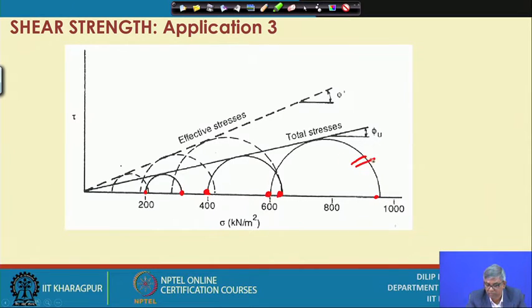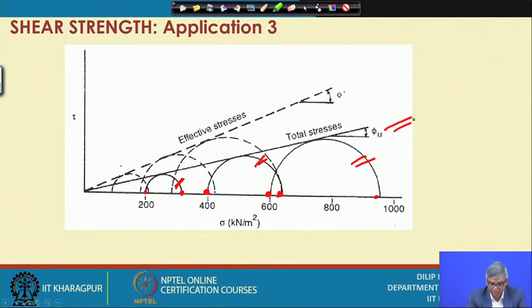So, I have got circle 1, circle 2 and circle 3. You can see these 3 circles, and I have drawn a tangent, and whatever parameter I am getting now, that is phi u.